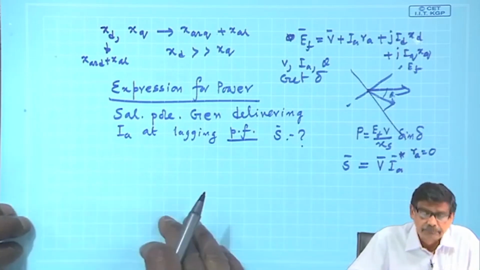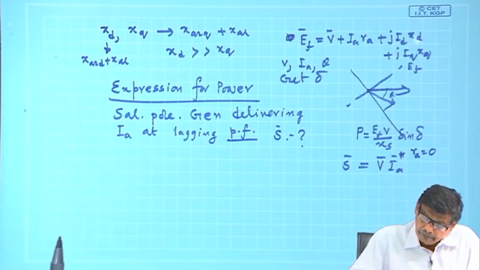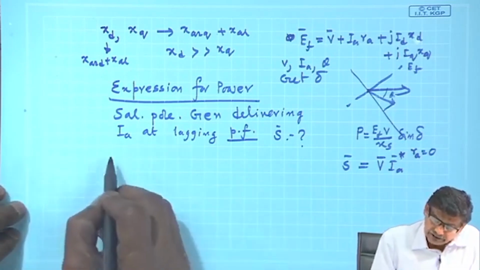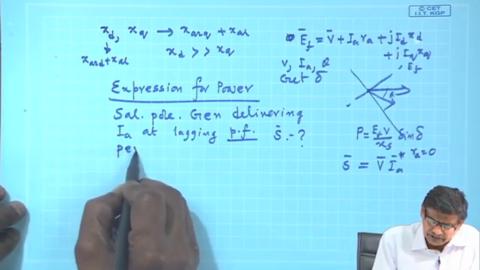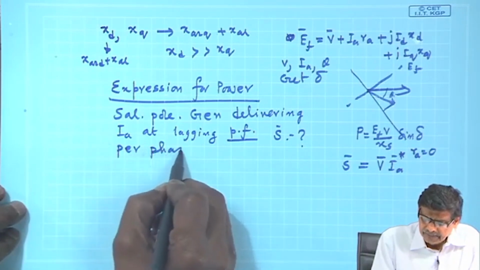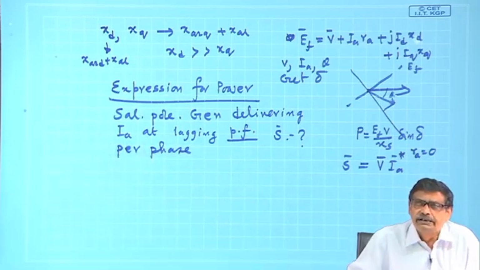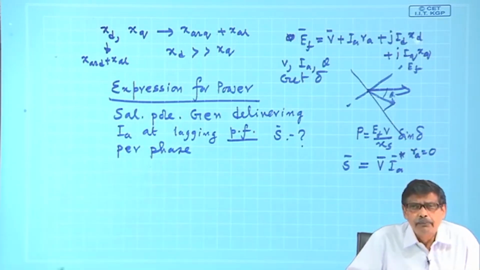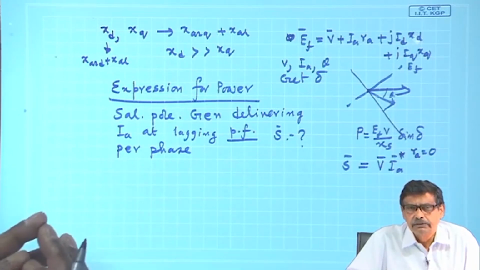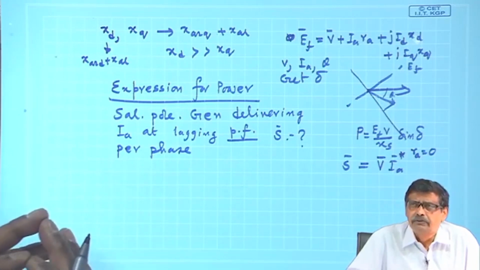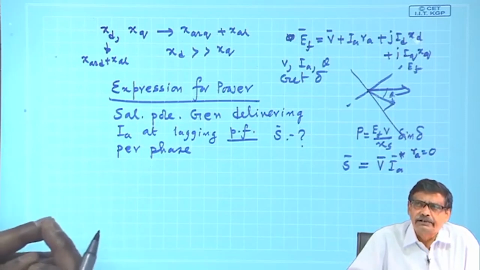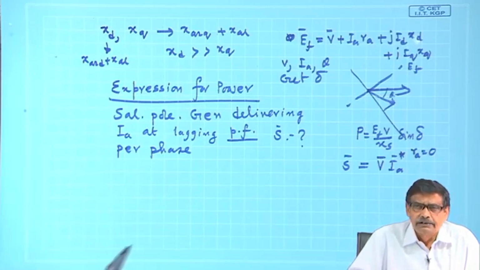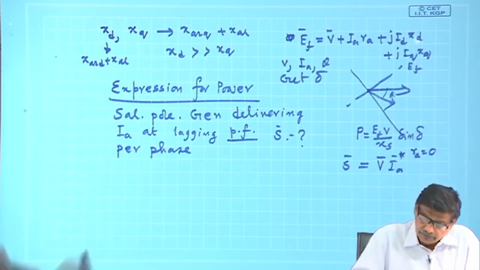Both real and reactive can be found out. We will first find the per phase power, then at the end multiply by 3 to get the total power expression or torque. Because the moment you get the power expression, you can easily find the torque, because speed is constant. So, in synchronous machines the torque is also derived in one stroke.